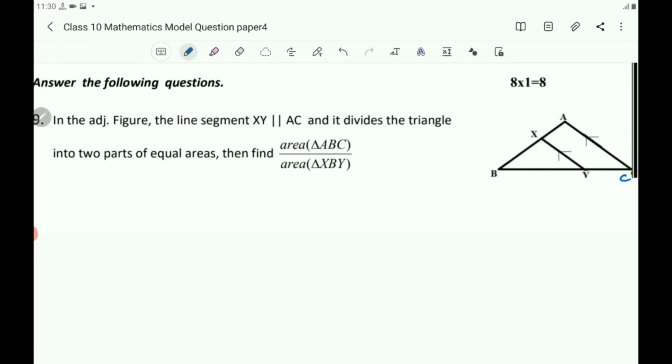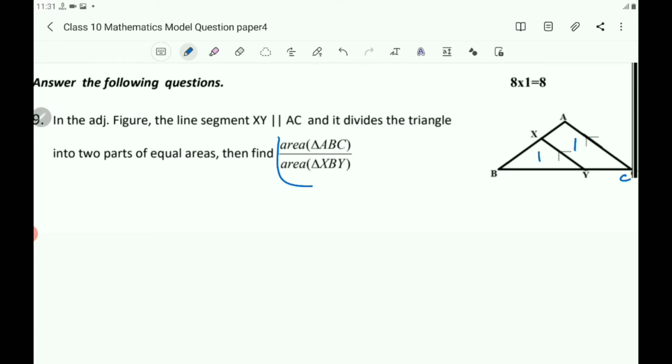Here which are the two parts? One is the triangle BXY, other is the part AXYC, which is a trapezium. So here these two areas are equal, means you can consider the areas are in the ratio 1:1. Both the parts are having equal area. So area of triangle BXY is to area of AXYC is equal to 1:1.